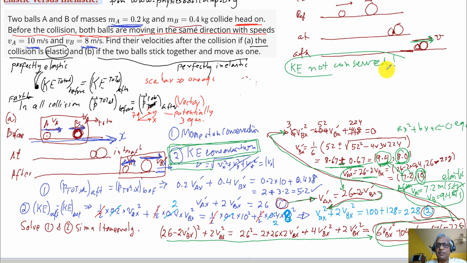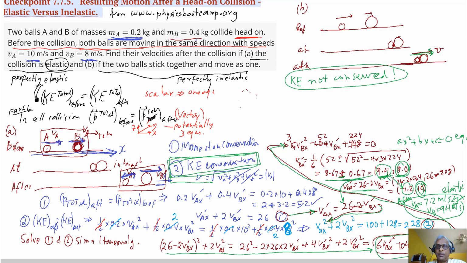That's an important difference. So when I work it out, only momentum is conserved.